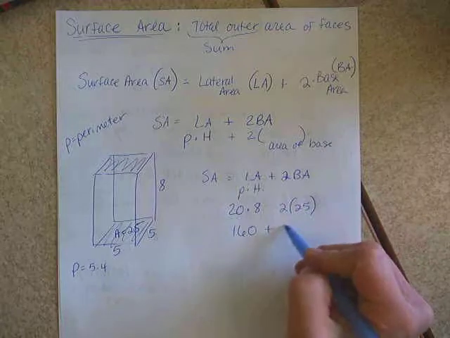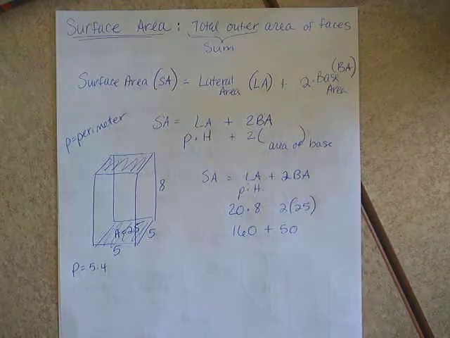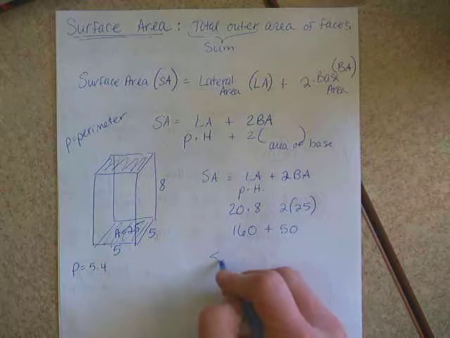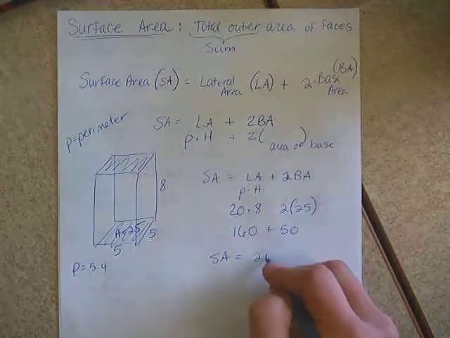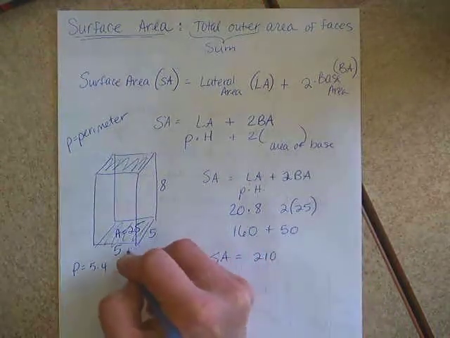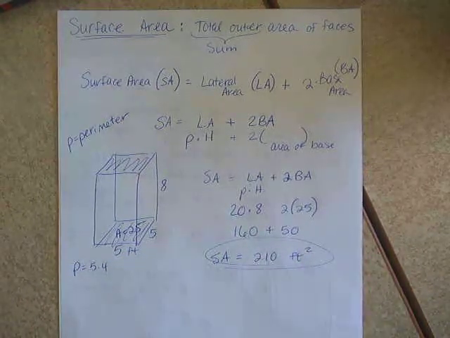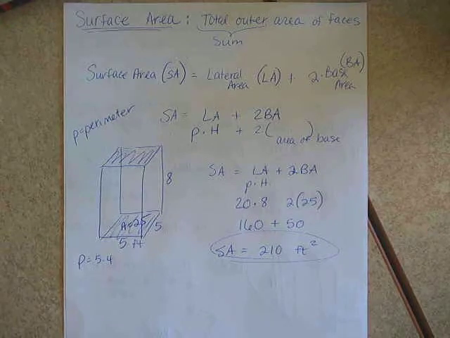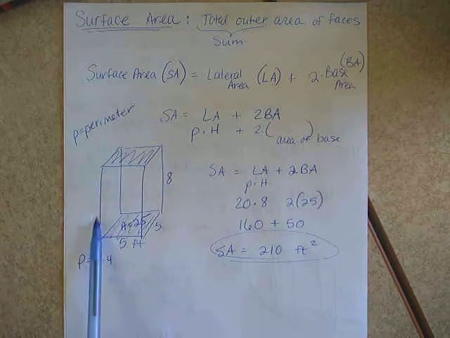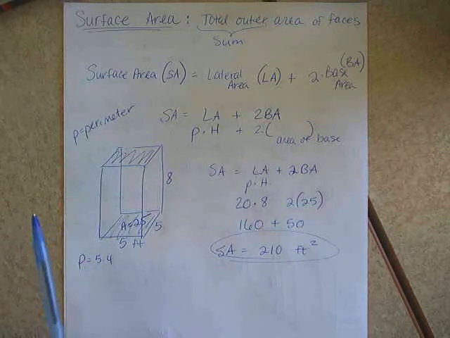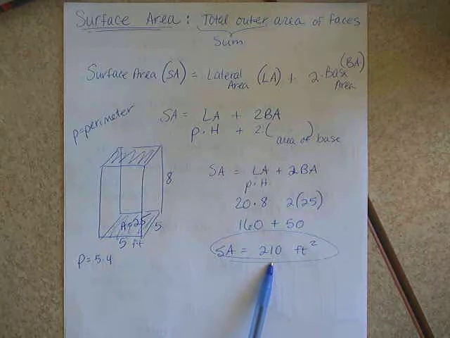So 5 times 5. So my area for this base is 25. I've got 2 of them. So my total area for the bases would be 50. And if I add those together, my surface area is 210. We'll make this feet. So square feet.